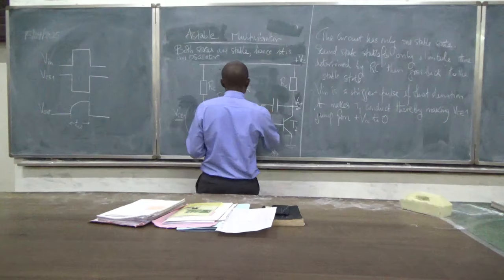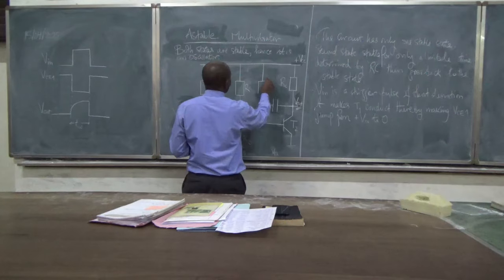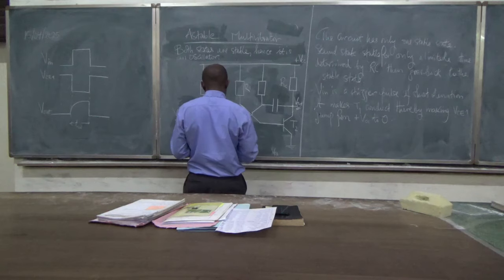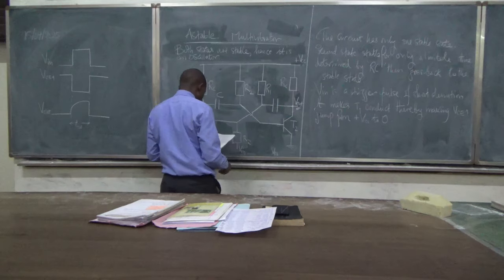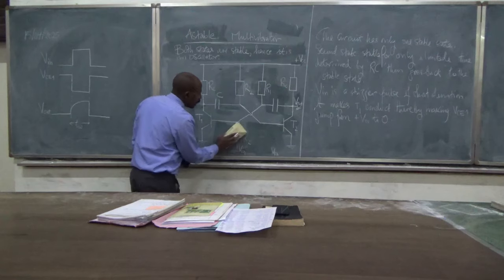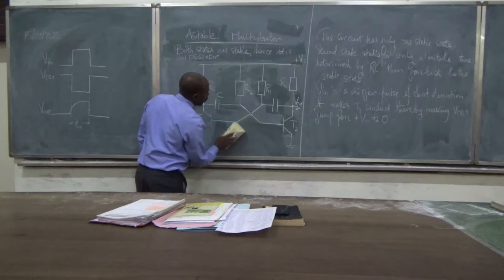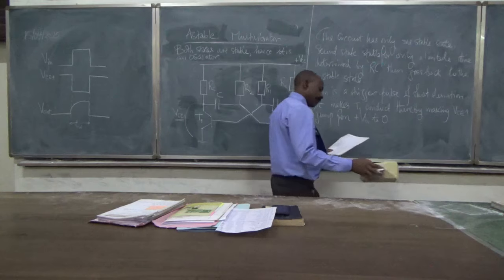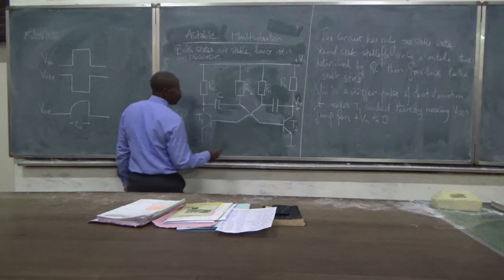So we have the resistor here, and then this will be R1. This is R2. And we don't need to do any triggering, so I remove this resistor. And then we shall have this going to the ground.